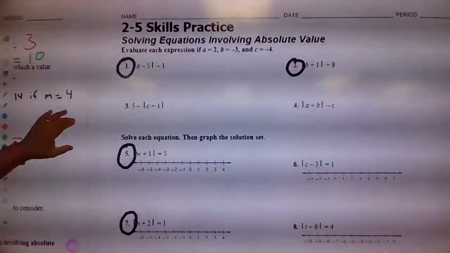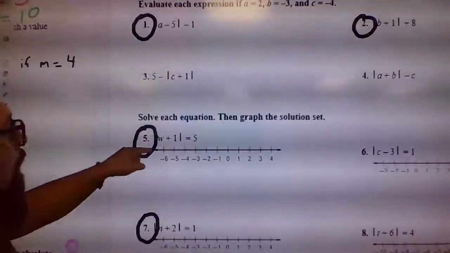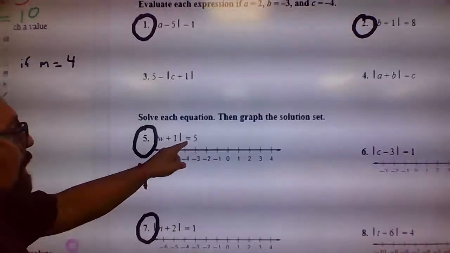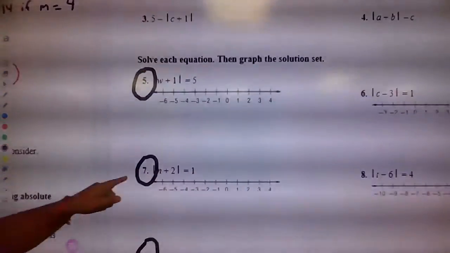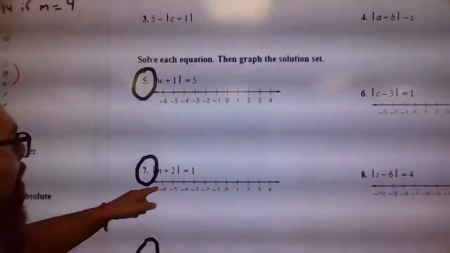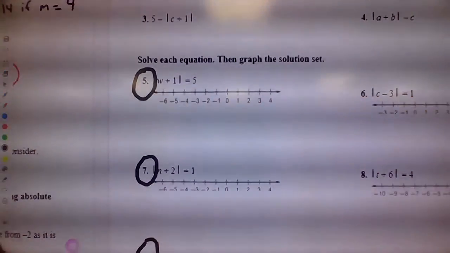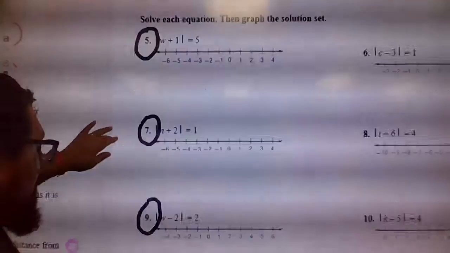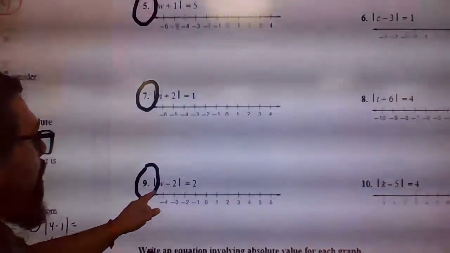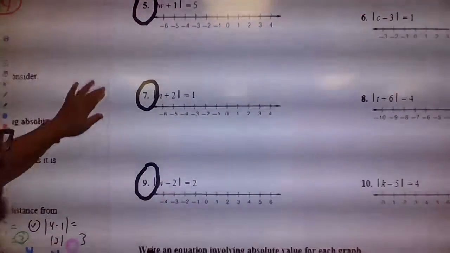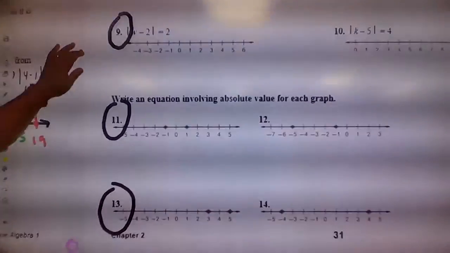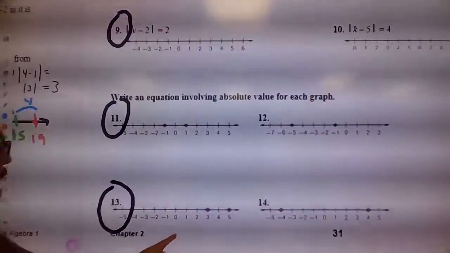On this one, the absolute value of W plus 1 equals 5. The absolute value of M plus 2 equals 1. And then this one, the absolute value of W minus 2 equals 2. This one, the points are right there. Negative 1, 1. The points are at 3 and 5.